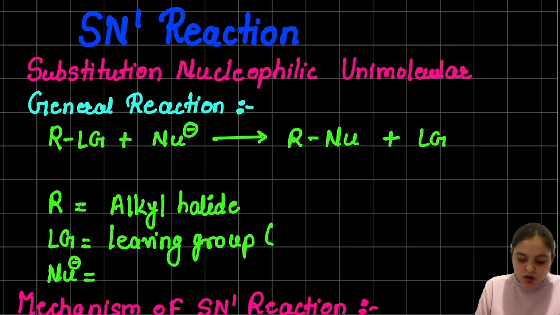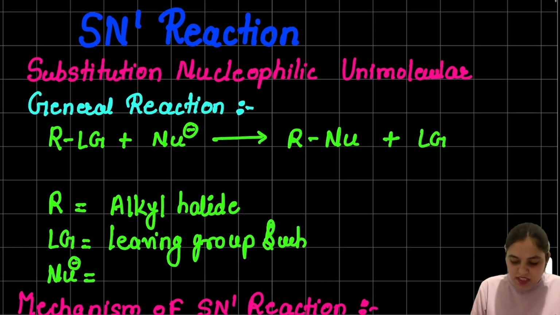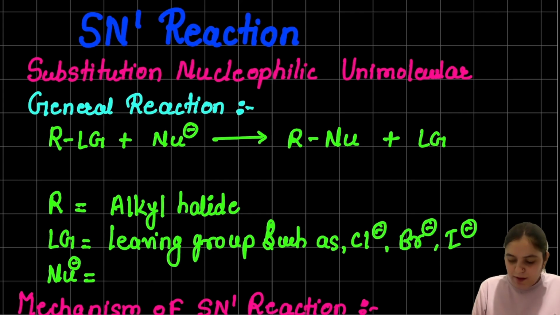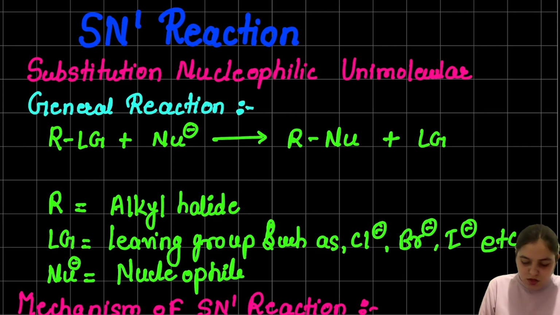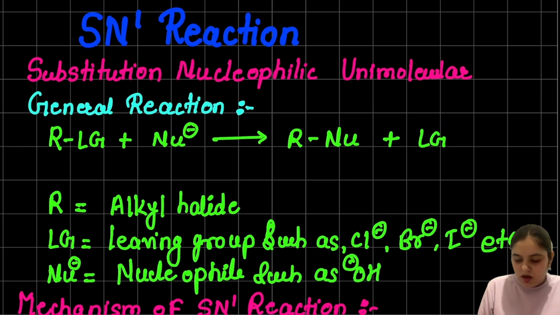Leaving groups are such as Cl minus, Br minus, I minus, etc. And Nu means nucleophile. Nucleophiles are such as OH, or we can say CN, that is cyanide, or NH3, that is ammonia, etc.